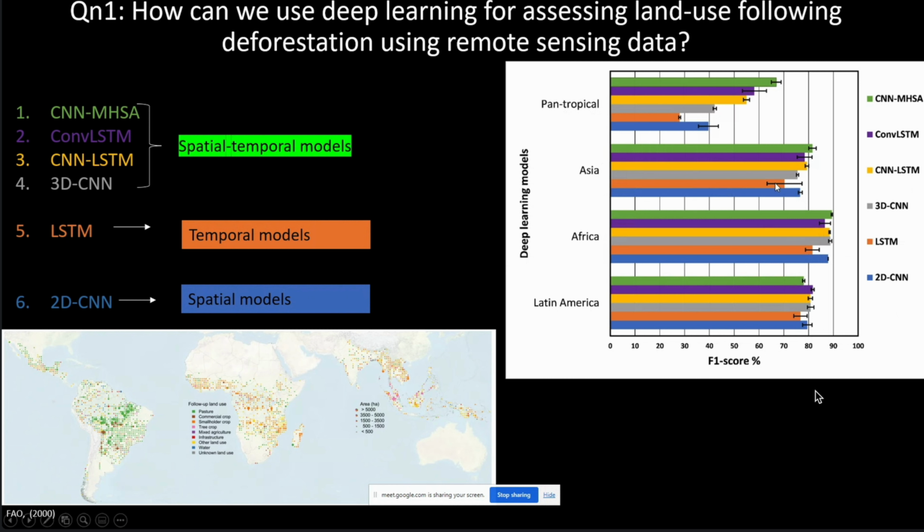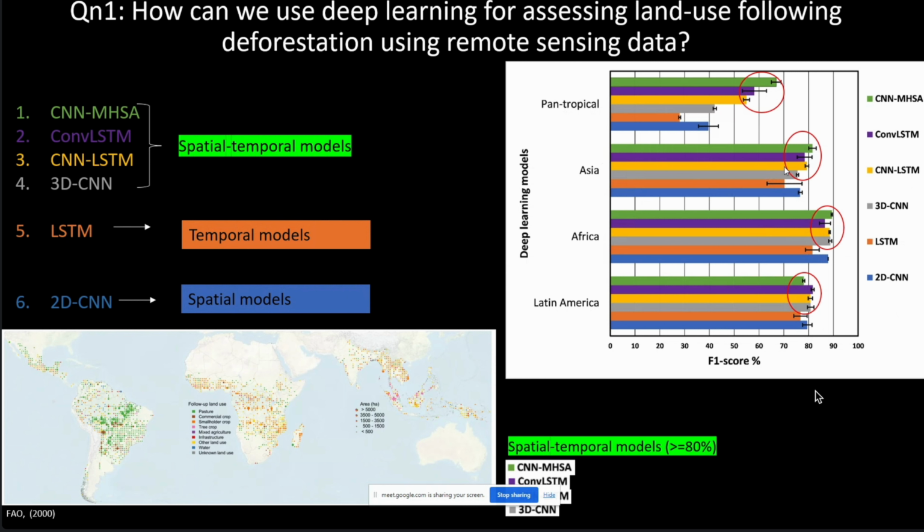As you can see from these results, the model trained at the pantropical scale tends to have less accuracy compared to the model trained at continental scale. But we also saw that the spatial temporal models were able to achieve higher accuracy compared to models which only use temporal characteristics or only the spatial characteristics of the data.